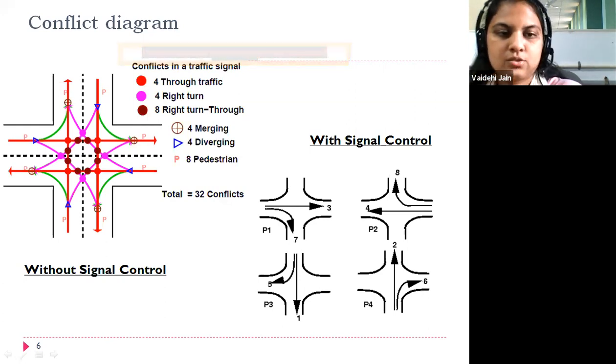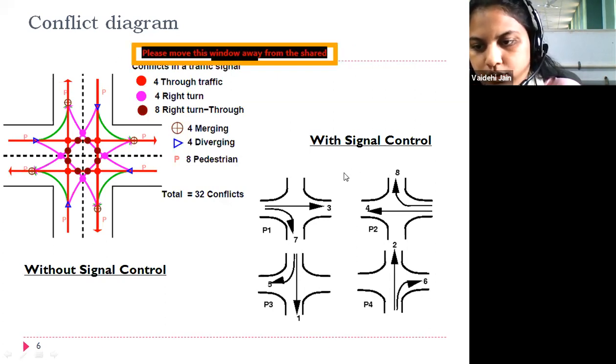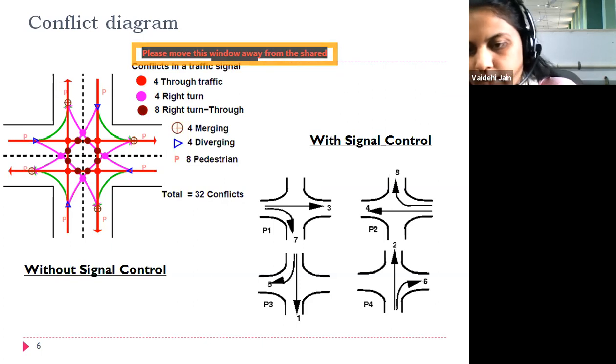So to avoid that type of conflicts, we can introduce signal control. Now, once the signal is introduced, you can see in the second diagram with the signal control, if the first phase is open, only the straight movement and the right movement is going on.